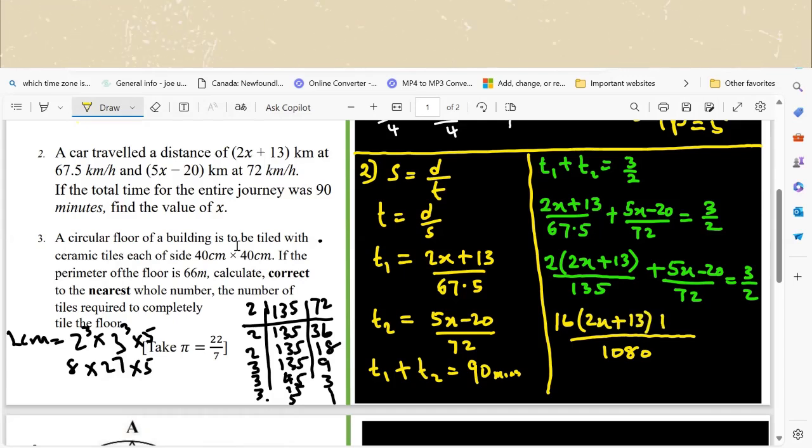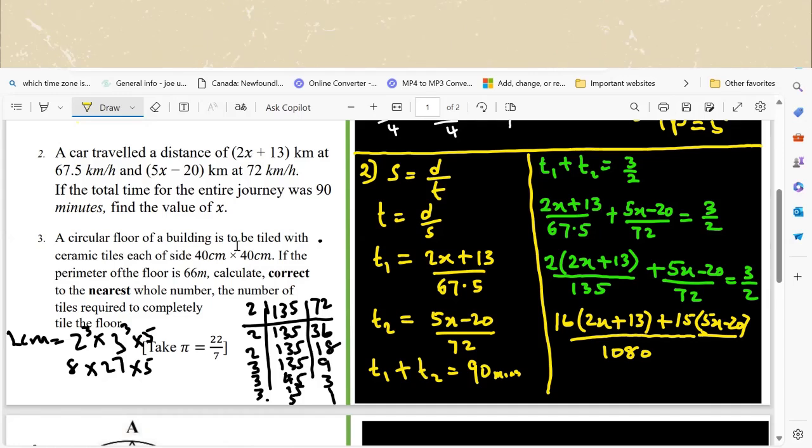And this side, if you divide 1080 by 72, it gives you 15. And you're going to use that 15 to multiply 5x minus 20. Then we are still going to equate to 3 over 2.